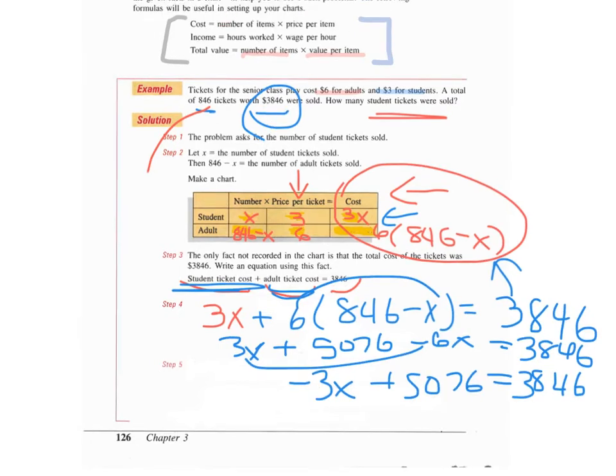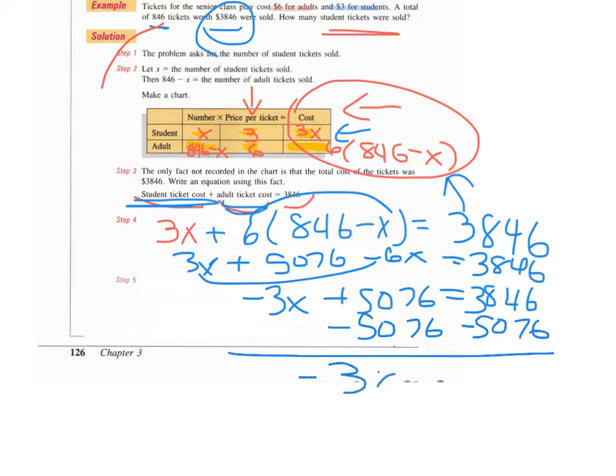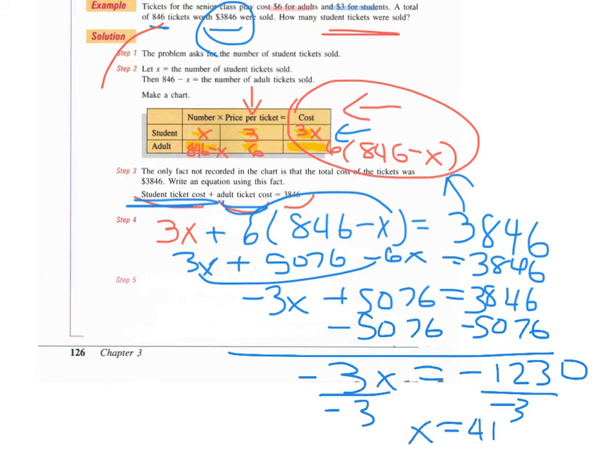I'm going to subtract the 5,076 from both sides, and I get negative 3x equals negative 1,230. I'm going to divide by negative 3, and I find out x is 410. Remember from my chart, x represents the number of student tickets.